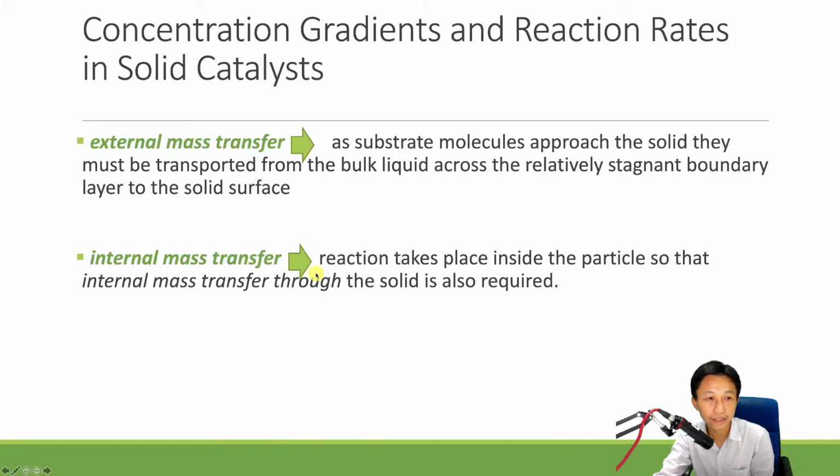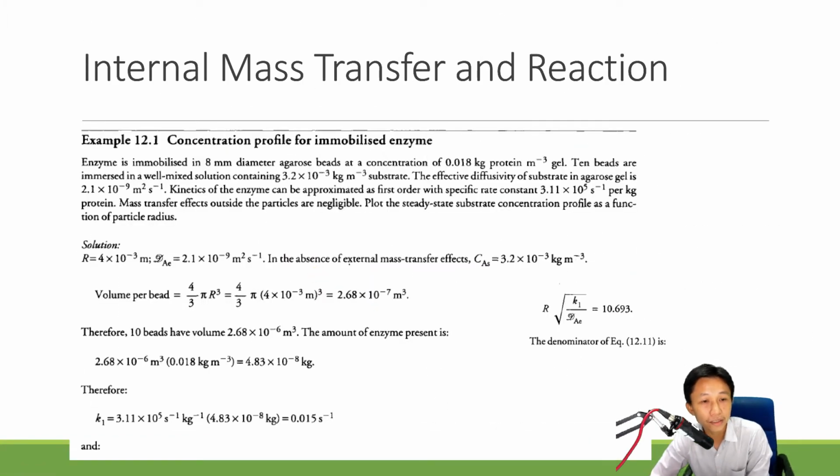In an 8 millimeter bead, spherical in shape, for example, the diameter is given, and the concentration of protein per gel is 0.018 kilogram protein per cubic meter gel. 10 beads are immersed in a well-mixed solution of this substrate.